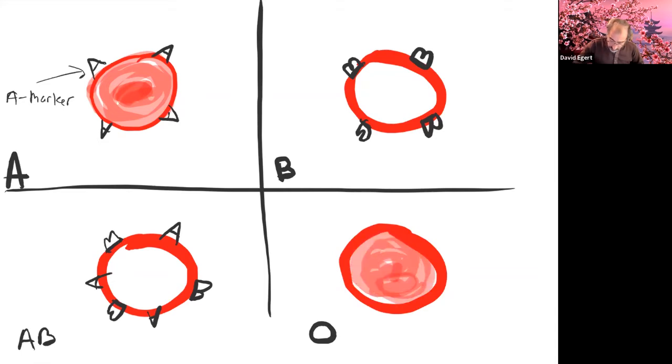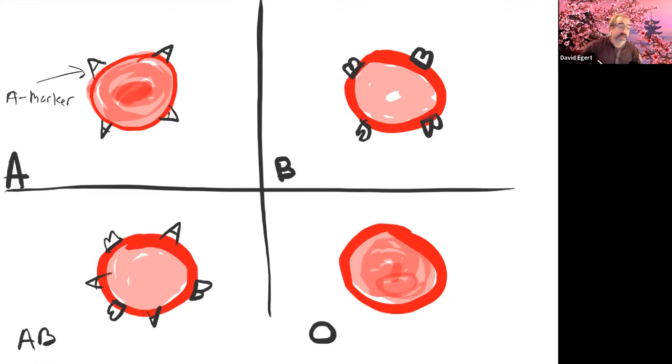So this is the first step of understanding the blood typing, is thinking about what are the markers on the blood cells themselves. And then the other thing we need to think about, it turns out your body will actually create antibodies that recognize and attack the marker that you do not have. Right? You don't want to have antibodies that attack your own blood, because then you're gonna be dead.